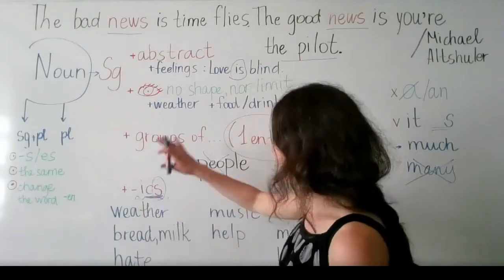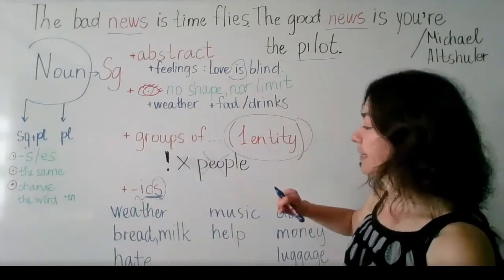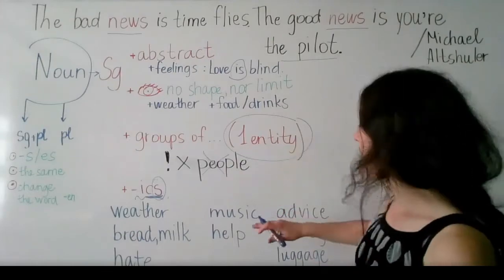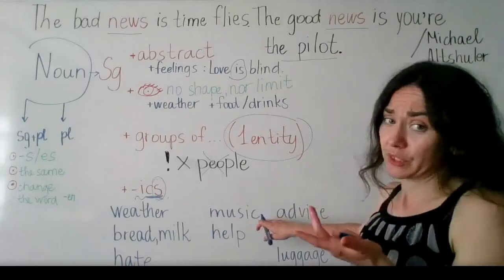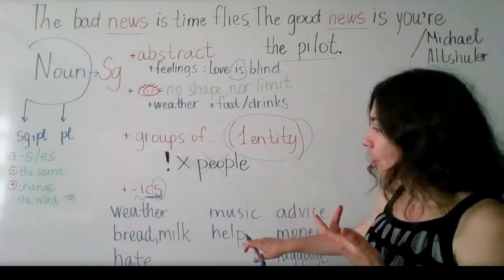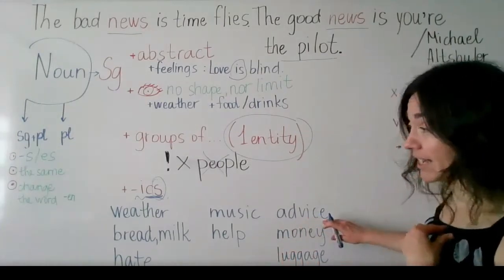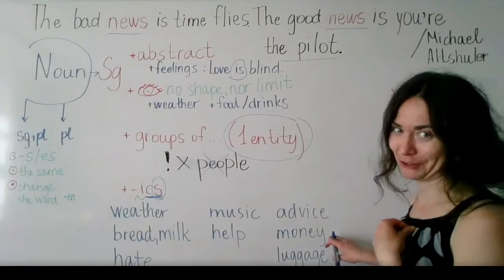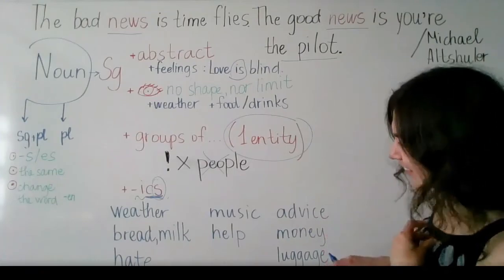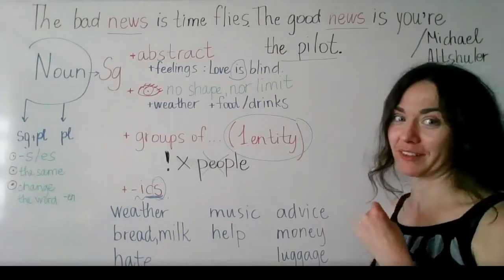You have the weather, when you speak about all different weather phenomena altogether. Then we continue. No music to listen. No help to get from. My advice is have always money on you and no luggage. It's easier to travel this way.